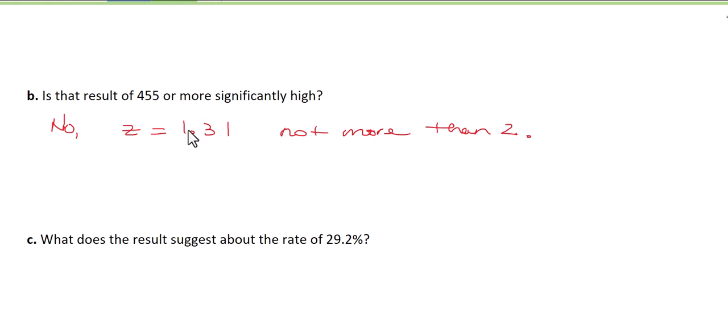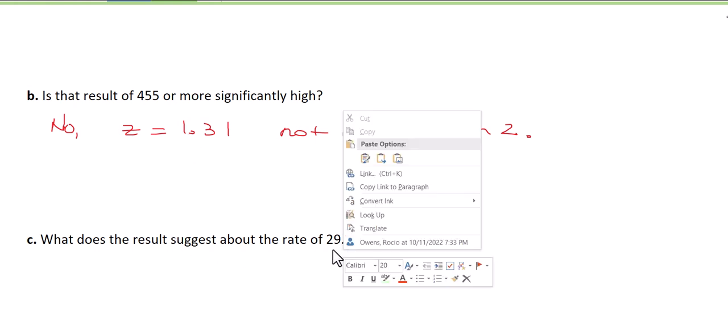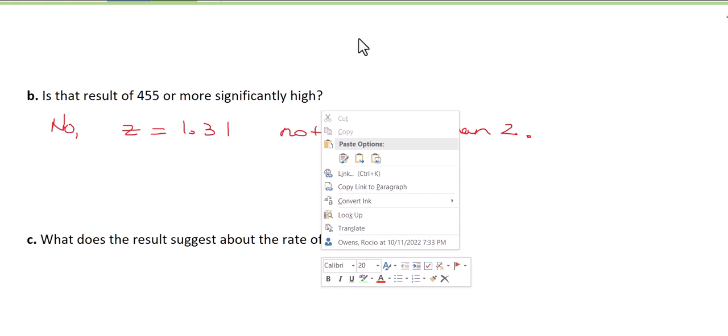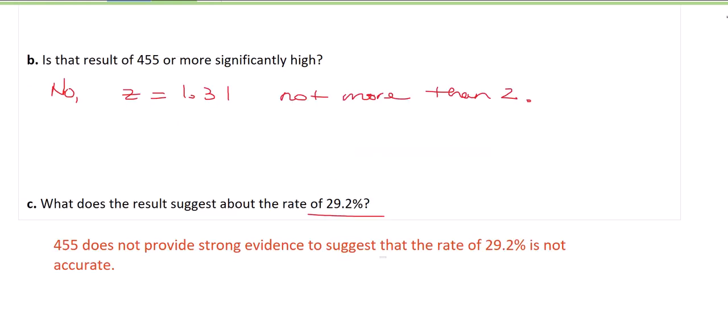This z-score doesn't say anything against it, right? Had this been like 2.5 or 3, something significantly high, we could have said, wait a minute, maybe that rate is not quite accurate. But because this isn't significantly high, we can say that this rate could very well be possible. So I hope that that makes sense.